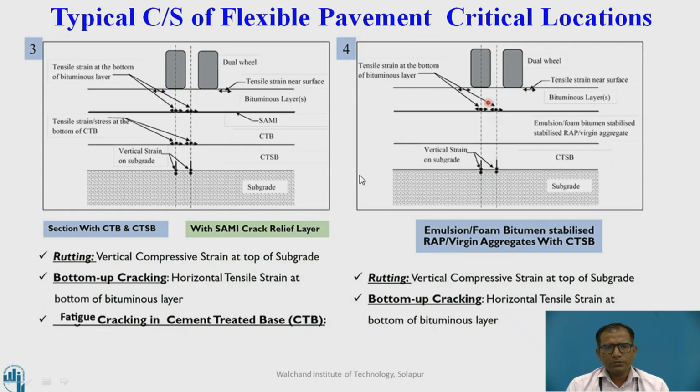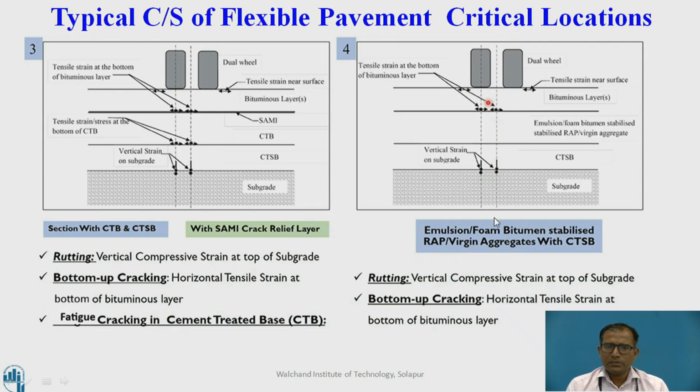The other combinations: subgrade, CTSB, CTB, and SAMI layer, that is, stress absorbing membrane interlayer. Nowadays we also use a geosynthetic layer as a SAMI layer. Then subgrade, omitting the CTB, we go for cement treated subbase, and here the recycled asphalt pavement, where we use a recycled material in the layer of CTB, and again the bituminous layer, BC and DBM.